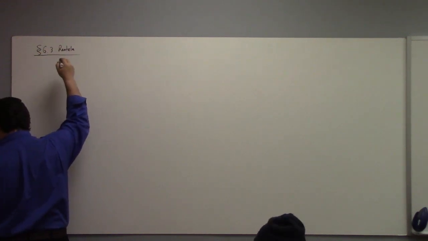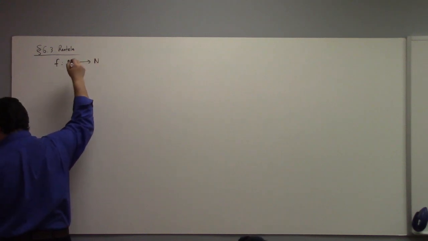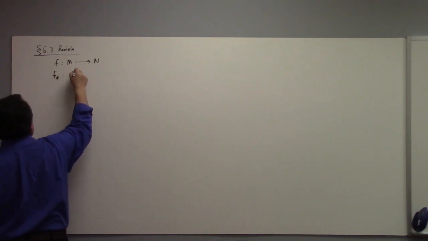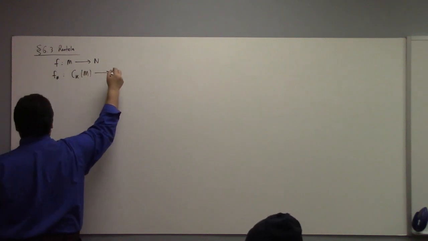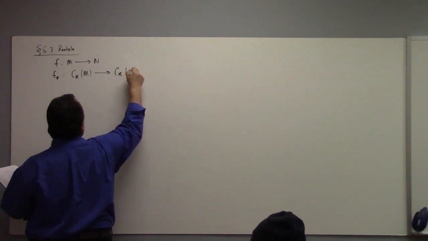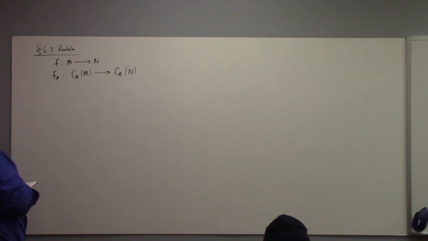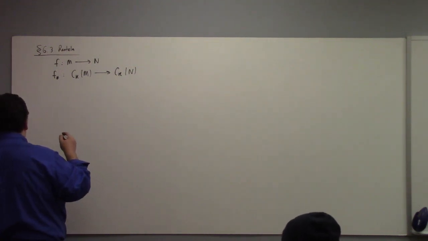And so he's like, if you have a smooth map from a manifold M to a manifold N, then you can induce a map on the k-chains on M to the k-chains on N. He draws the following picture.